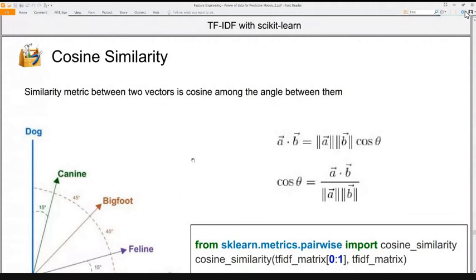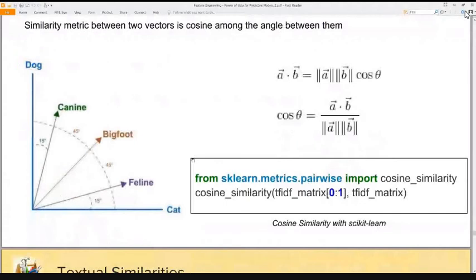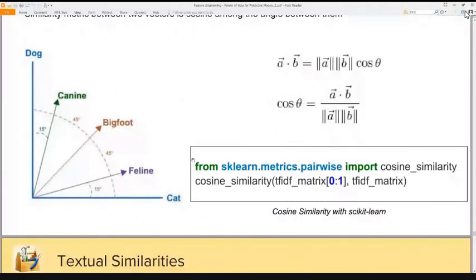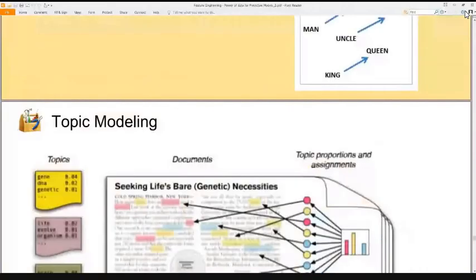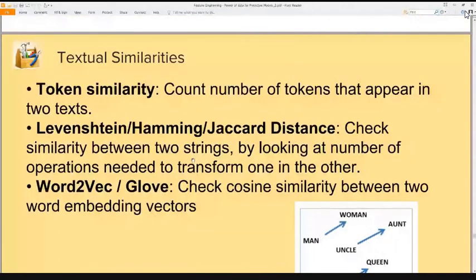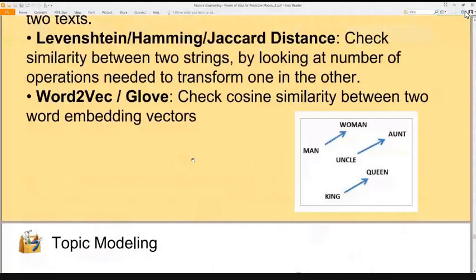It compares which question is most similar to this one, so the answer this person wants is E. That's cosine similarity. The other similarities are token similarity, counting the number of tokens that appear. Then we have cosine similarity between two word embedded vectors.